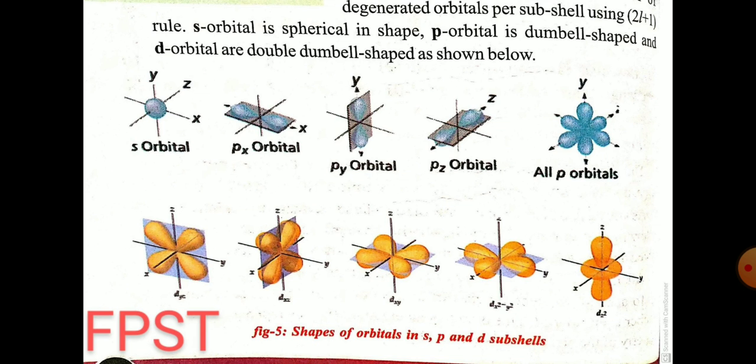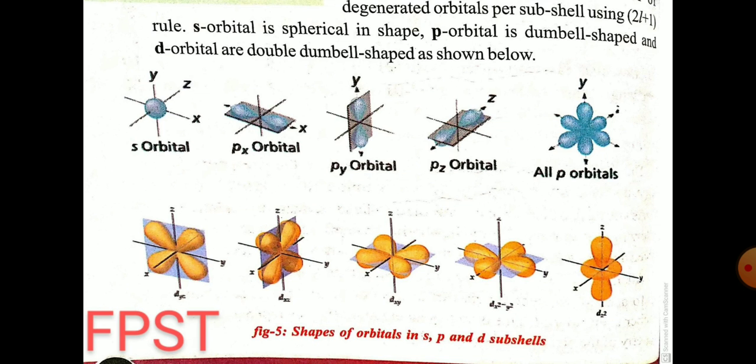Total 9 orbitals. In the first shell, 1 subshell and 1 orbital. In the second shell, 2 subshells and 4 orbitals. In the third shell, 3 subshells and 9 orbitals.